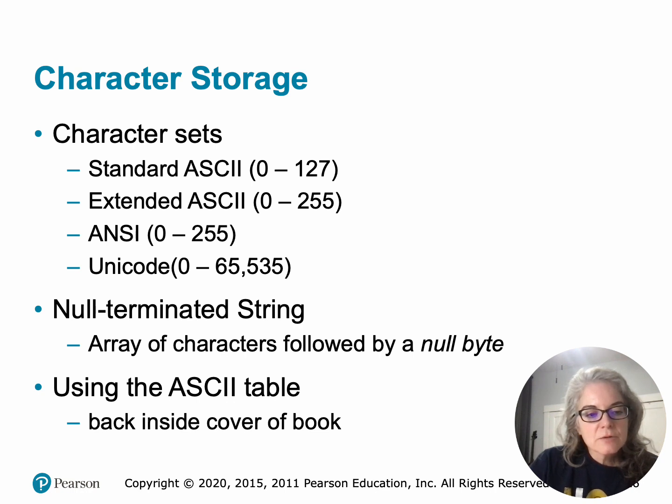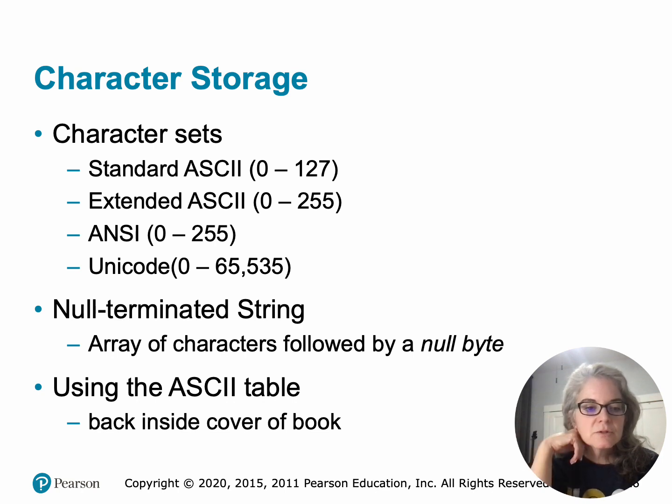Null terminated string. If you've had a programming class before, of course, to take this class, you know what an array of characters is. An array of characters is a string, like if you have the name APPLE, that's an array of characters or character string. And at the end of that character string, you're going to have a null byte.